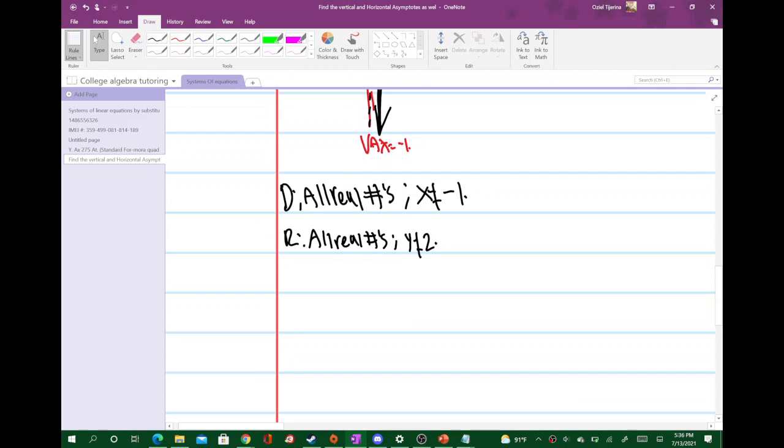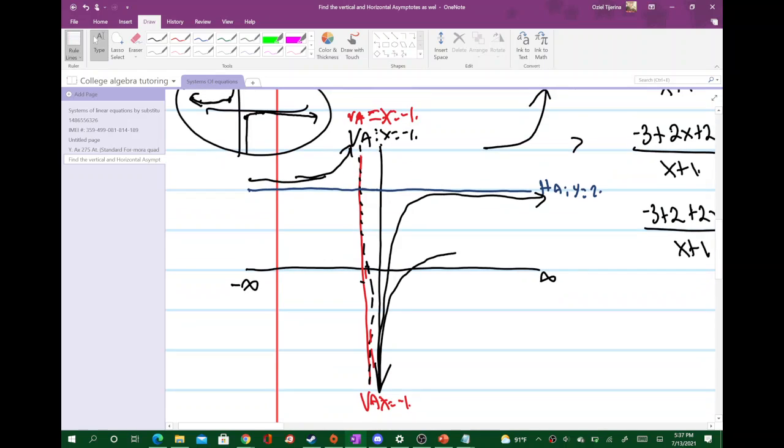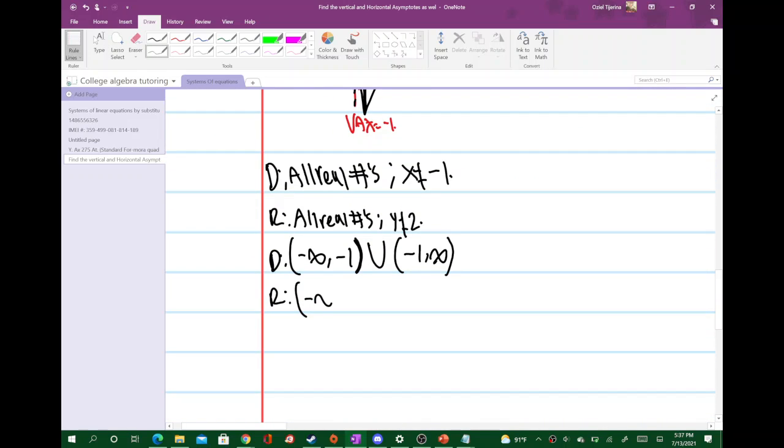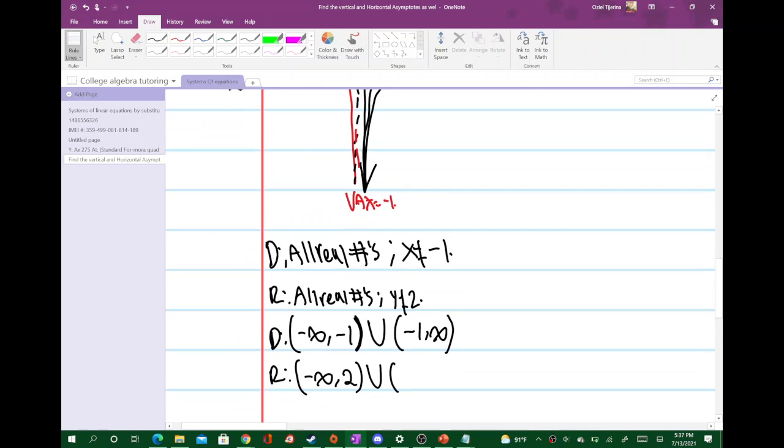So what does that mean in interval notation? For the domain, it's going to be from -infinity to -1 with a parenthesis because we're not including -1, union -1 to infinity, right? For our range, we are going to have from -infinity to 2, union, and again, we're not including 2, so we put a parenthesis, 2 to infinity.